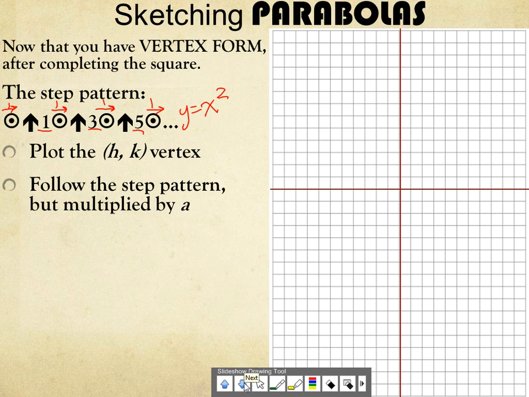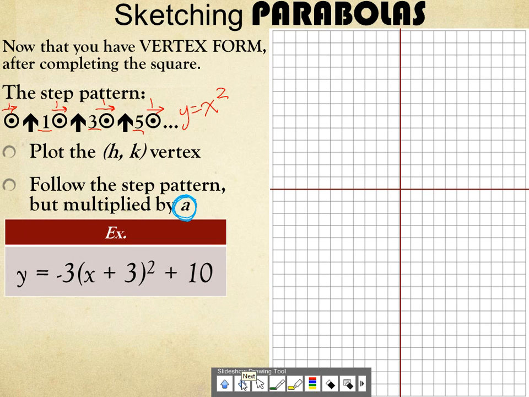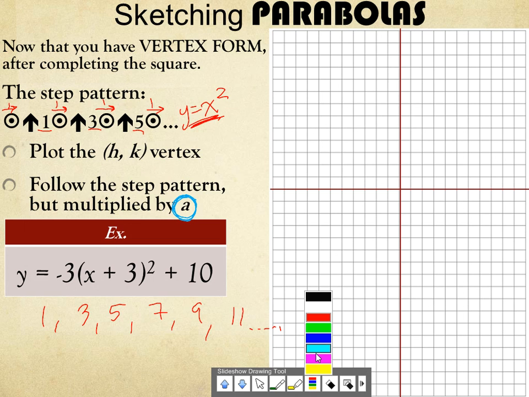Now, the step pattern will have changed if you have an a value at the front of your equation that isn't 1. Then you'll have to take your step pattern and multiply it by whatever that a is. So in our example, we have an a value so that I can show you what this looks like. Normally, our step pattern in y equals x squared would be 1, 3, 5, 7, 9, 11, etc. But because of this -3, we have to multiply our step pattern by the -3.